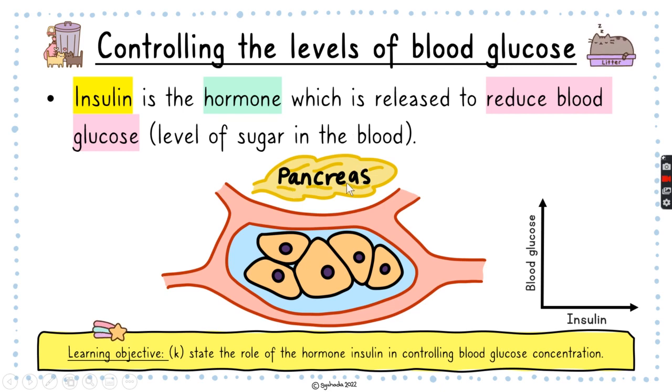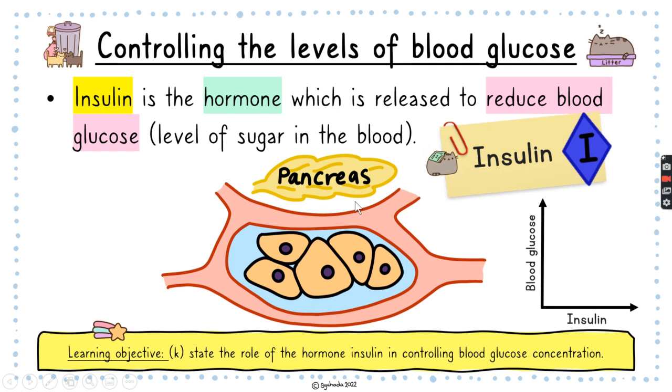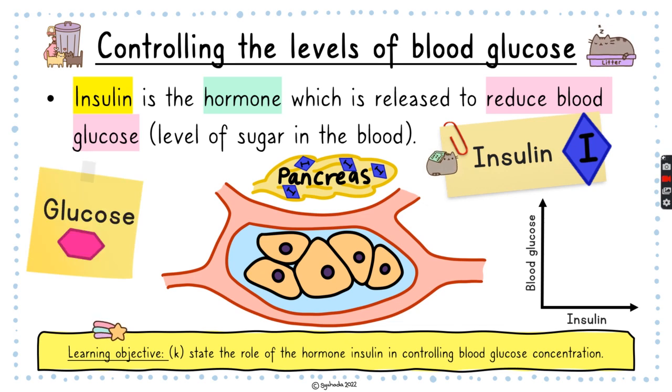When blood glucose level is high, the pancreas makes insulin. When we're talking about the pancreas, we're talking about the islets of Langerhans found in the pancreas.